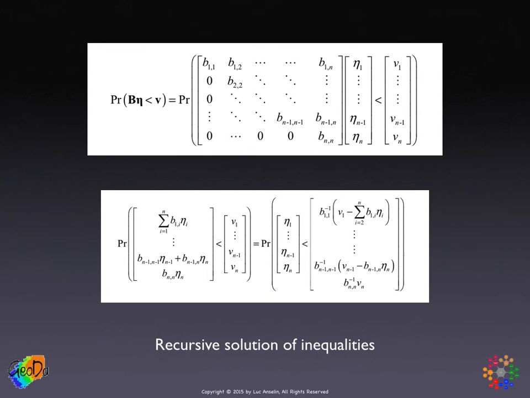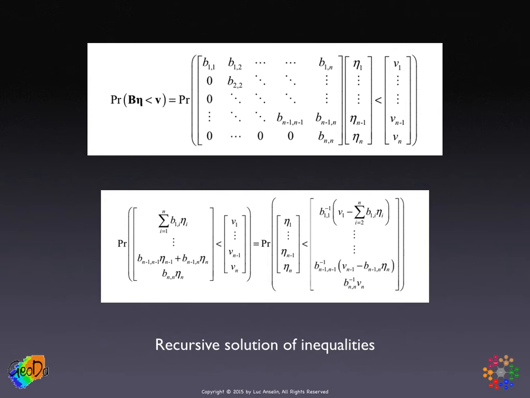Those are the right-hand side terms of the inequality. So the etas, eta 1 through eta n, are independent standard normal random variables. They each have a univariate distribution. Now, the whole thing, of course, has a multivariate distribution, but it has a particular shape of this triangular matrix that multiplies these.